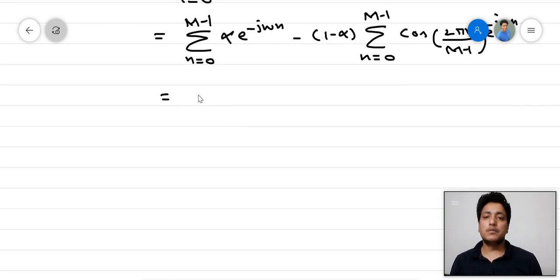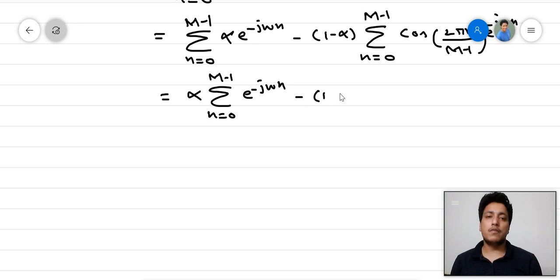Then it is equal to alpha summation n equals 0 to M minus 1 of e^(-j omega n) minus (1 minus alpha) summation n equals 0 to M minus 1.